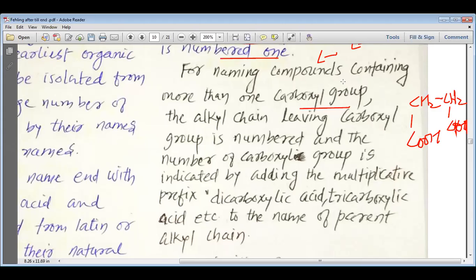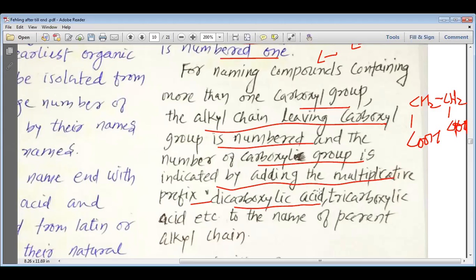In this case, the alkyl chain leaving the carboxylic groups is numbered, and the number of carboxylic groups is indicated by adding the multiplicative prefix dicarboxylic acid, tricarboxylic acid, etc. to the name of the parent alkyl chain.